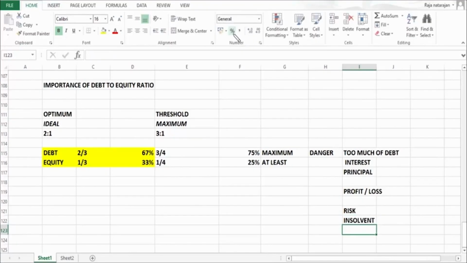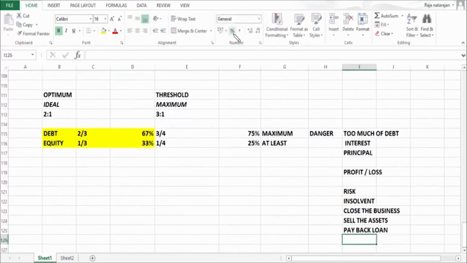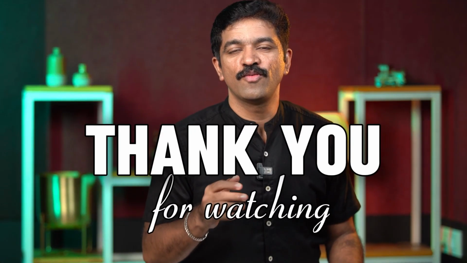So the lender would approach court of law and request the court to close the business, sell the assets, and pay back the loan. So that's the end of the game. That's the implication if the debt equity ratio is going to cross 3:1, and that's why we call it a dangerous position.